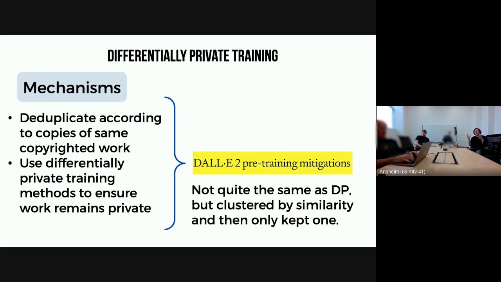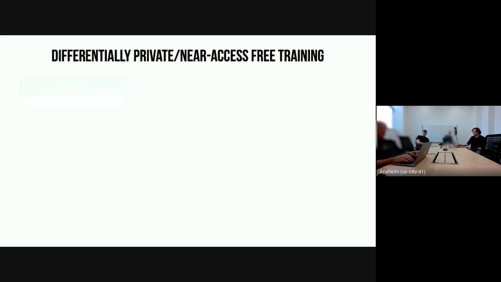They basically cluster, according to some similarity metric, a bunch of different works together, and then they keep only one of those works, right? And so I think to use something like differential privacy or this near access free, you need to do something similar where you cluster according to a similarity metric and deduplicate according to that metric.